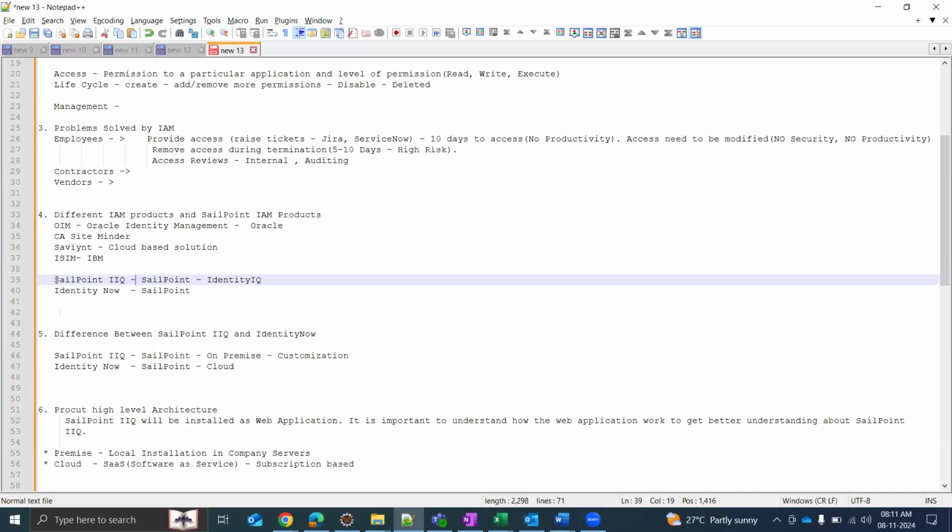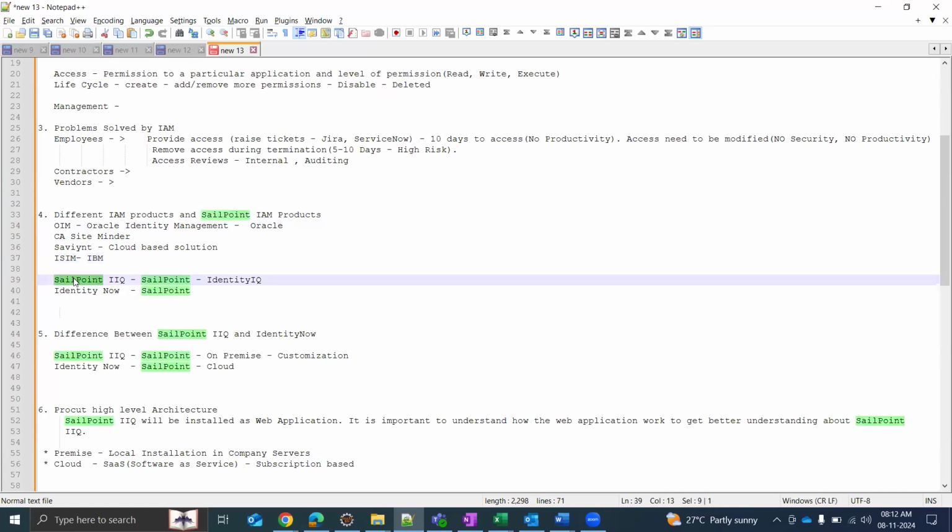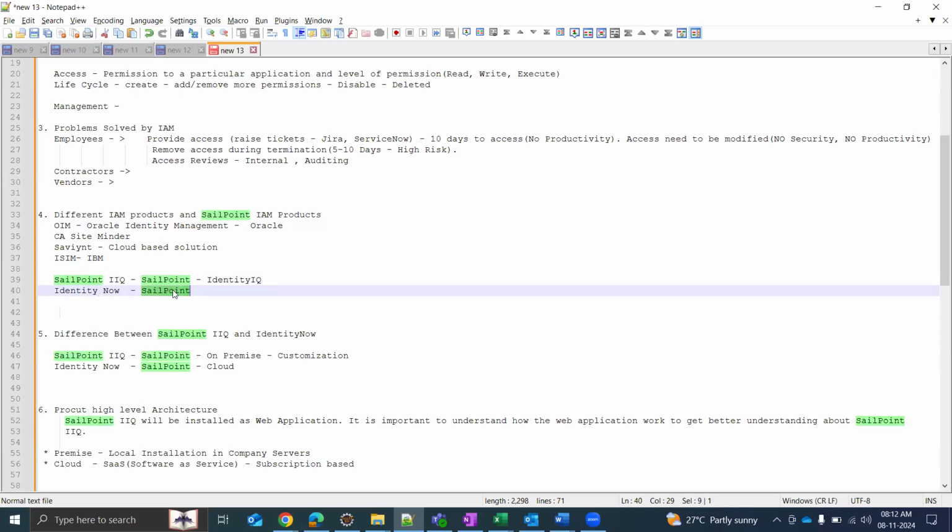So we have SailPoint IIQ, and we have something called Identity Now also, which is from SailPoint itself. So these are the different tool names. And as I mentioned, OIM is from Oracle, Savient is from Savient itself, ISIM is from IBM, but SailPoint IIQ is from SailPoint. Identity Now is also from SailPoint.